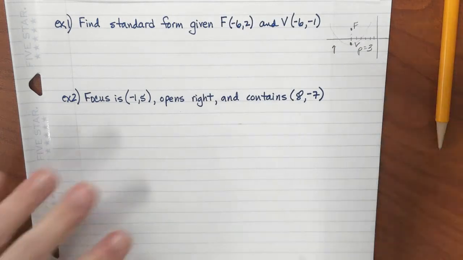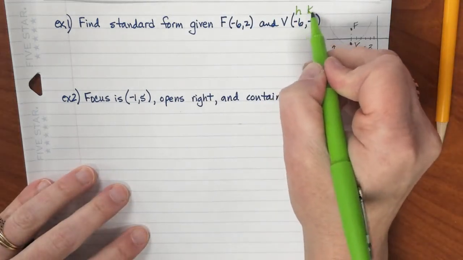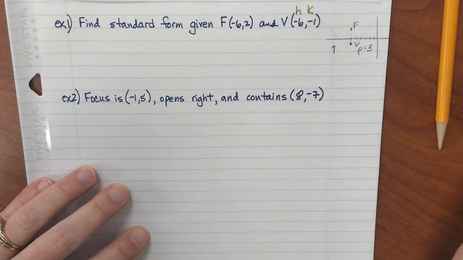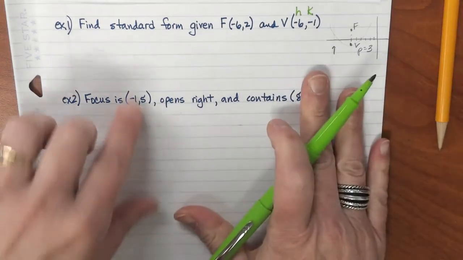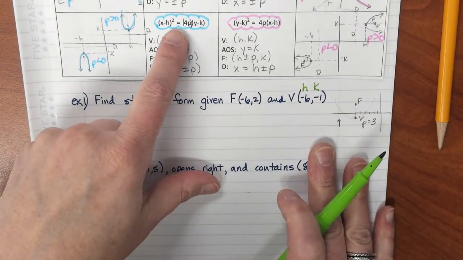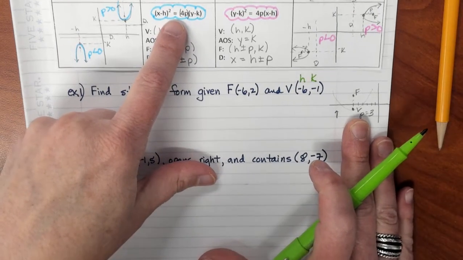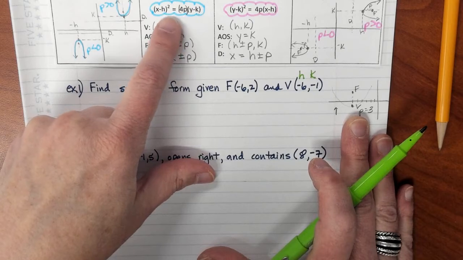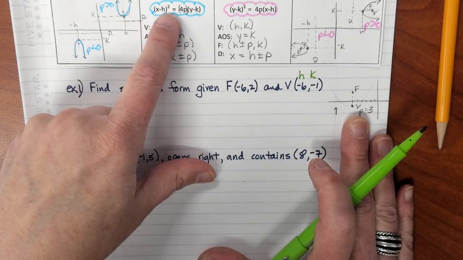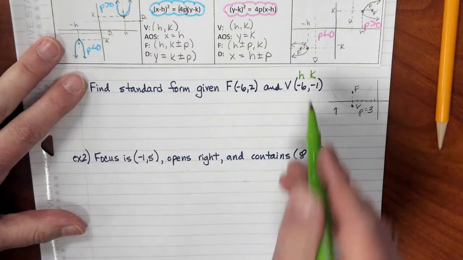You know that you have a vertex here that has been shifted, so you have a new h and a k. So let's write this in our formula. We are going to use this formula because it's vertical, it's going up and down, and we know we have a positive p, so I'm going to leave that right there so you can see it. All right, so we know we have an h and we have a k.